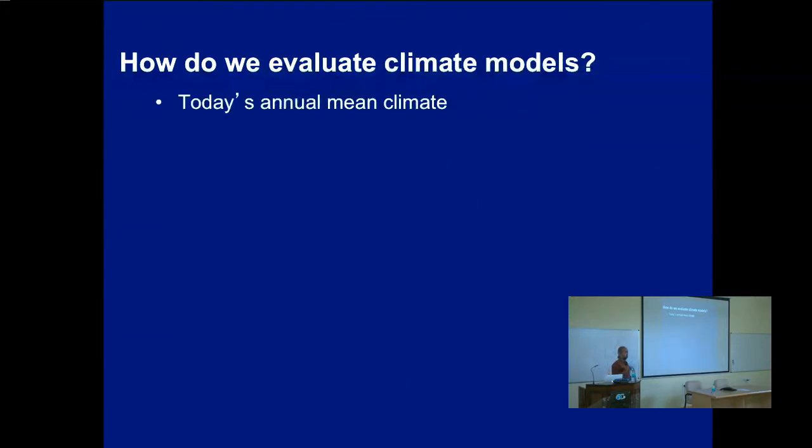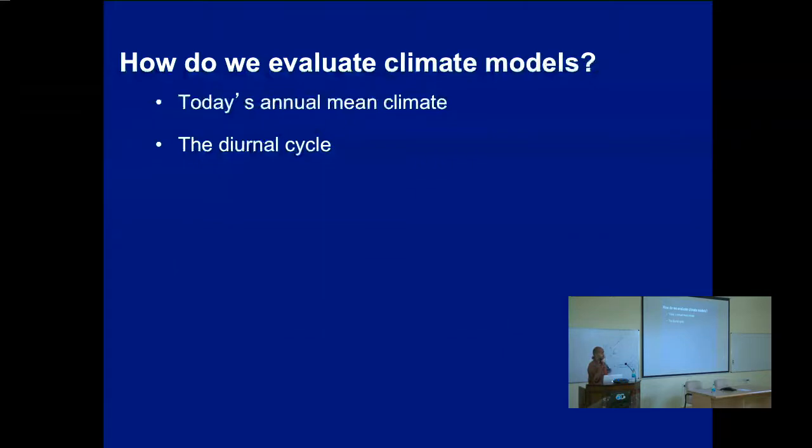Is it the climate of Earth? Or am I getting Venus? Okay? So it has to be something that's a realistic mean climate of the planet. The diurnal cycle. Okay? If I put sunlight, is it giving me the temperature rise and fall at night and dusk in the correct phasing?